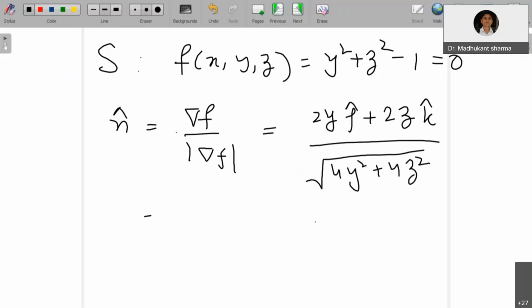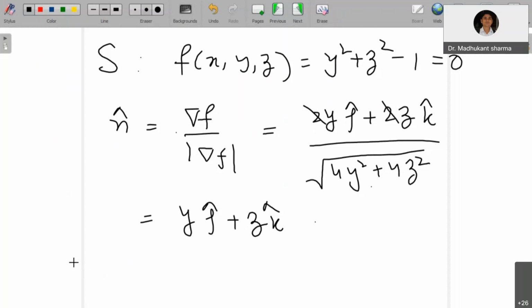Now this equals, 2 is out and gets cancelled, and the square root of y square plus z square, because this n cap lies on the surface S. So y and z will satisfy the equation y square plus z square equals 1. So this total is nothing but 2, and the 2 will get cancelled. So you have yj cap plus zk cap.